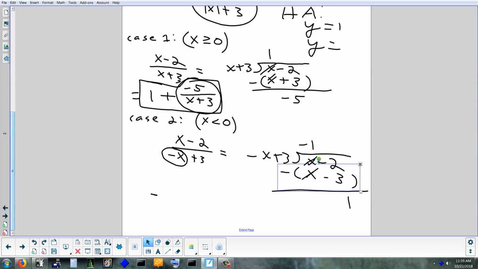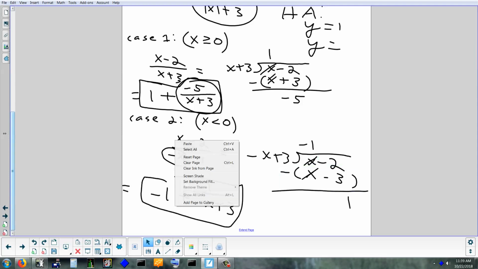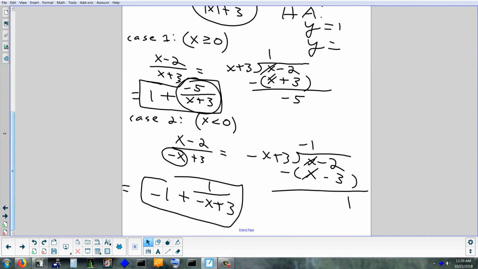So now I get quotient plus remainder over divisor. So now that's what my equation is basically going to be when I'm less than 0. What's the horizontal asymptote for that one? Yeah? Negative 1. So your two asymptotes are at 1 and negative 1.